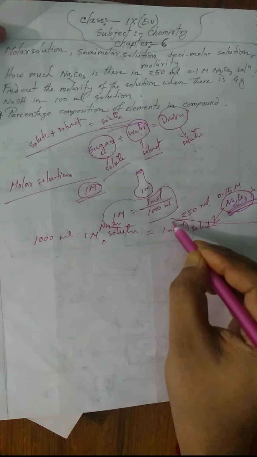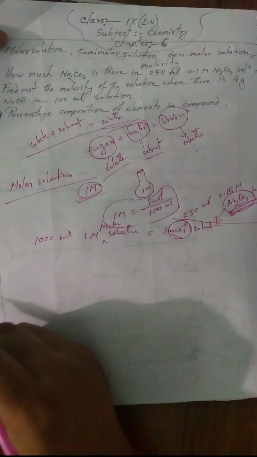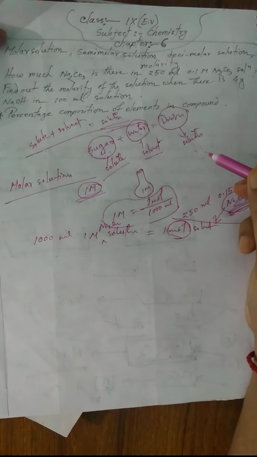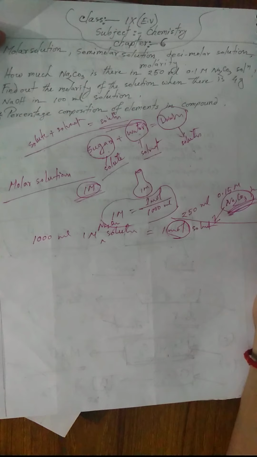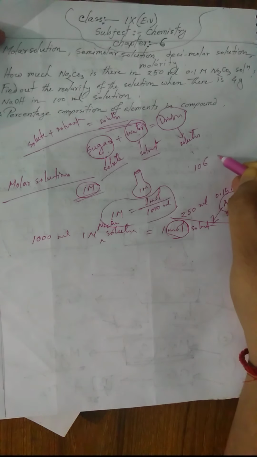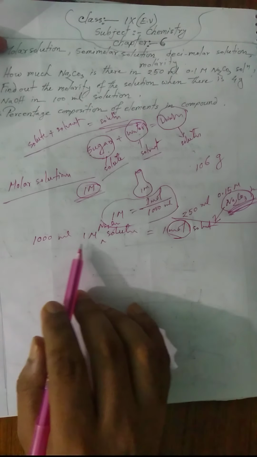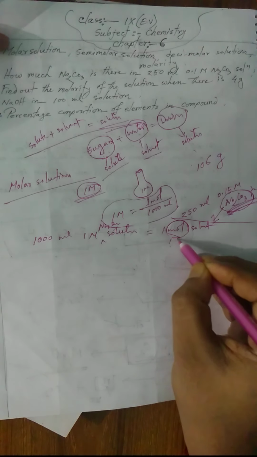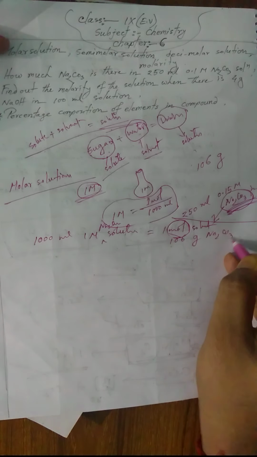So we have to change this mole into gram. 1 mole, that means mole is related with gram molecular mass of any compound. So 1 mole sodium carbonate is equal to 106 gram sodium carbonate. So 1000 ml 1 molar sodium carbonate solution is equal to 106 gram sodium carbonate.